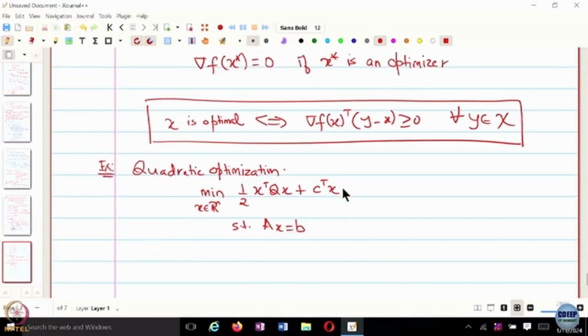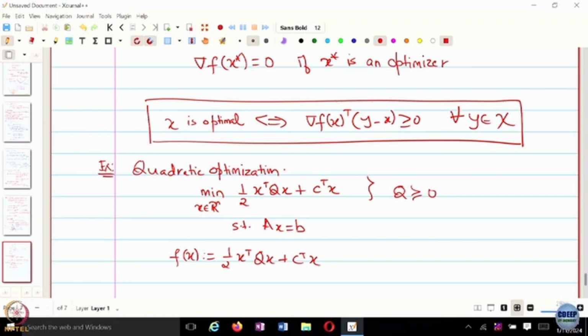What is the first order condition for optimality for this particular quadratic optimization problem? What is the gradient? In this case f of x is one half x transpose Qx plus c transpose x. We also assume that Q is positive semi-definite, since otherwise it is not even a convex problem to start with.